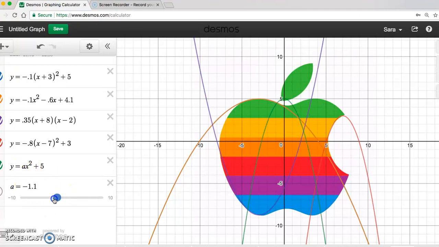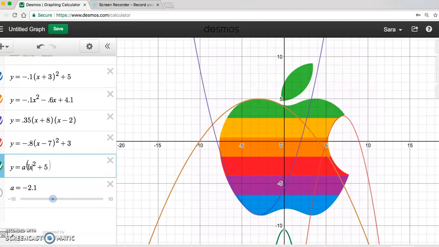Okay, let's go negative. And let's move up that vertex. So let's put it at maybe 1, 8. Okay, so I'm going to go to vertex form. Take out this squared.